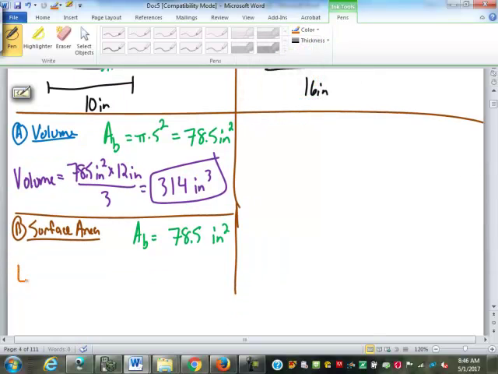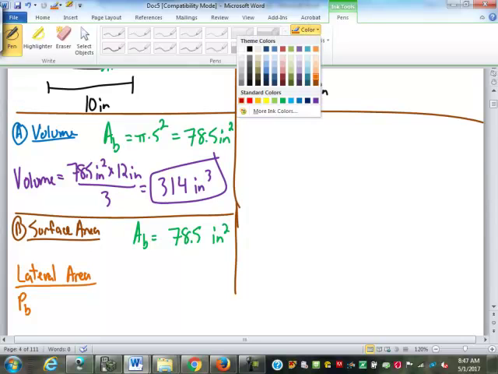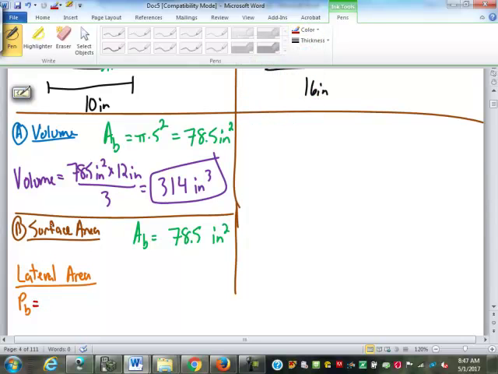For lateral area, I need to know 2 things. One is the perimeter of the base. Since this is a cone, the base is a circle, so the perimeter of the base is going to be circumference. So it's going to be pi times that diameter of 10 inches, otherwise known as 31.4 inches.